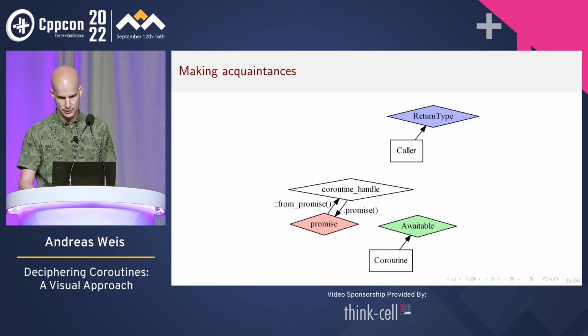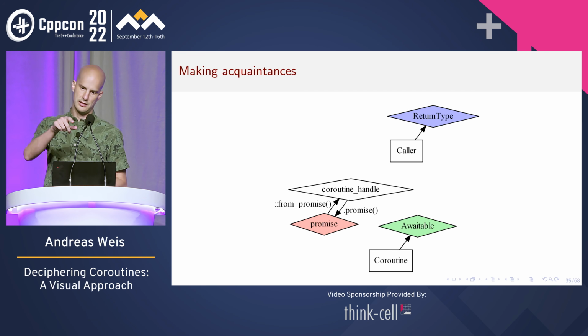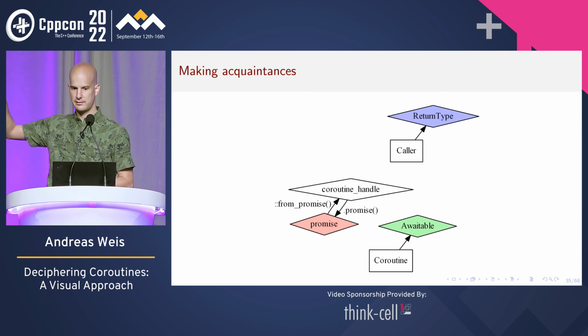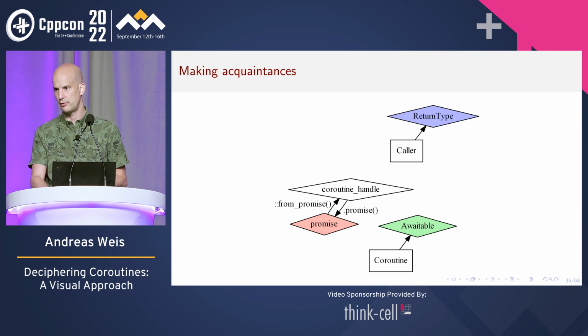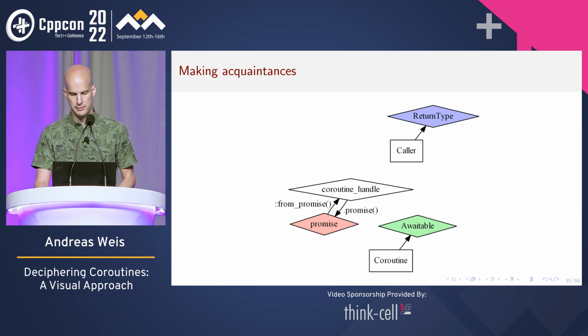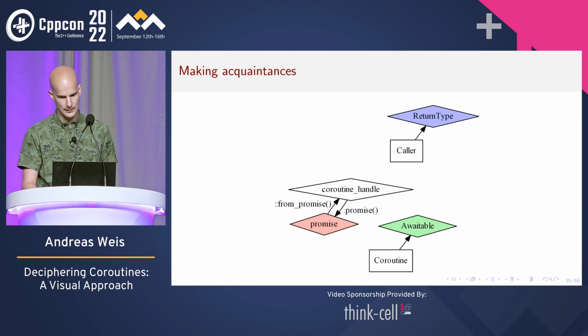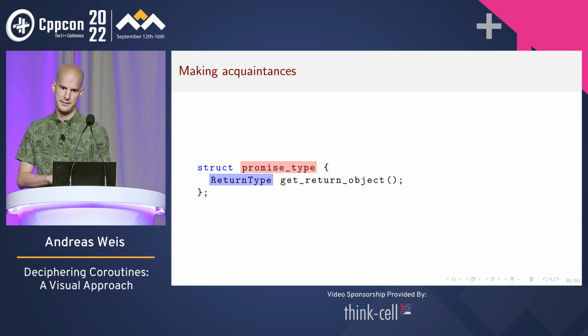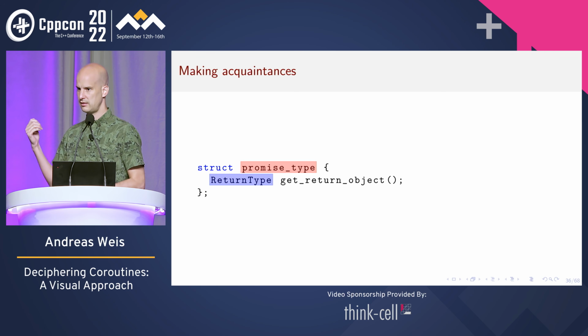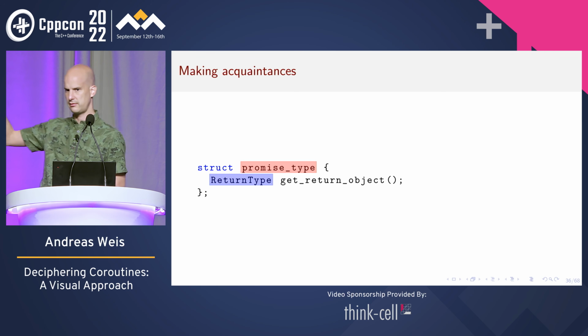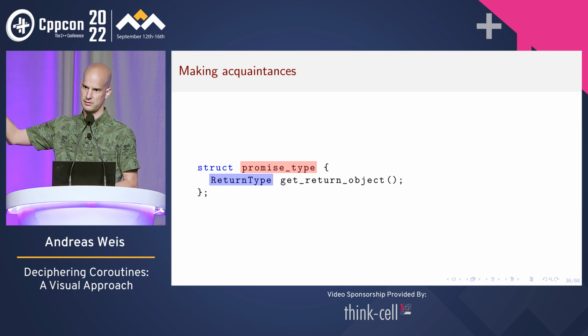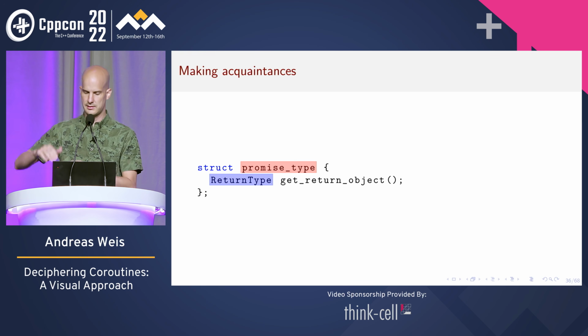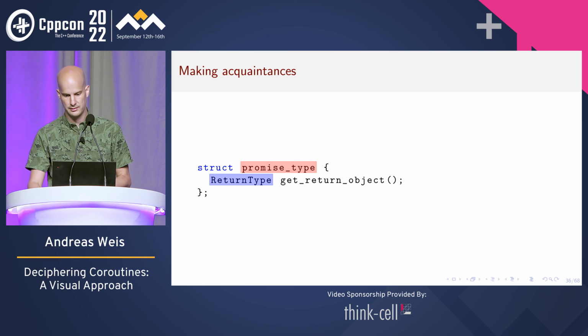So what we now want to do is to somehow get the return type, the blue object, acquainted with the coroutine handle so that we can implement the resume function. And if you remember from before, in the promise type, we had this getReturnObject function. And as you can see here now, that gives us a connection from the return type to the promise, right? Because that's the place where those two meet.